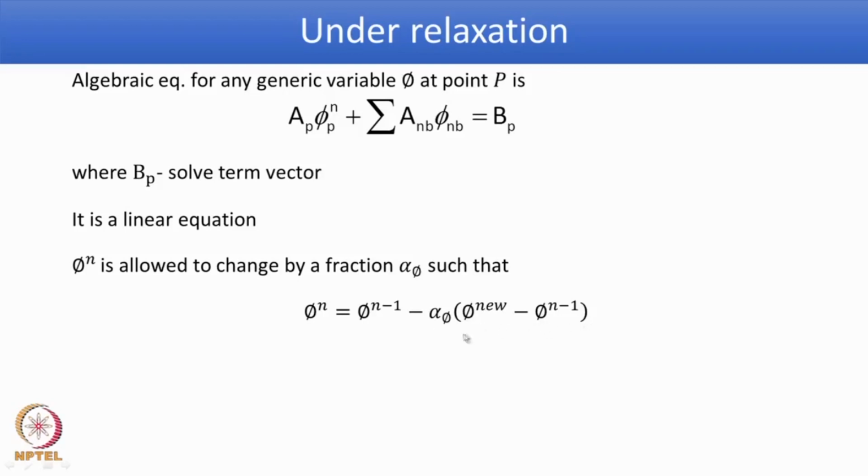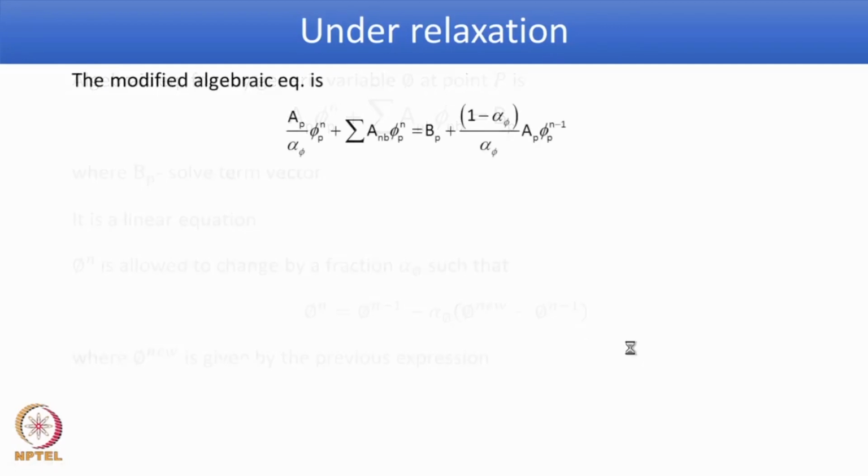So, this difference, phi_new minus phi^(n-1), will tell how much change has happened between the last iteration or last time value and the current iteration or current time value. You take a fraction of it, that is what is given by the factor alpha, and you add it to the old value, where phi_new is given by the previous expression as shown here.